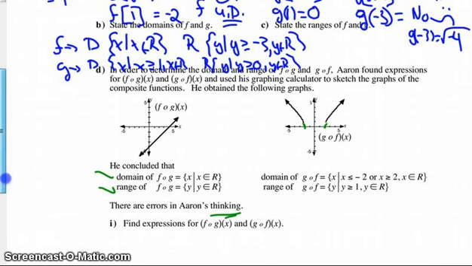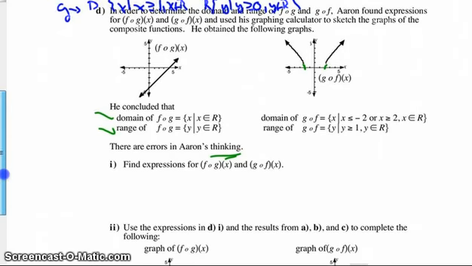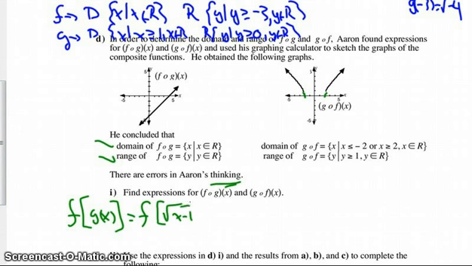So if we look and find expressions for each of these, when you do f of g of x, I gotta go back and remember what g of x was. So we've got f with the square root of x minus 1 inside of it.